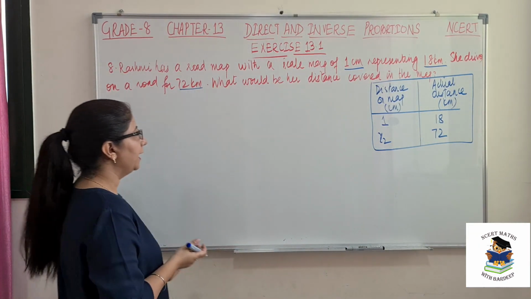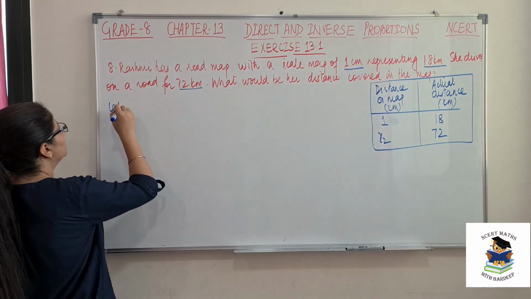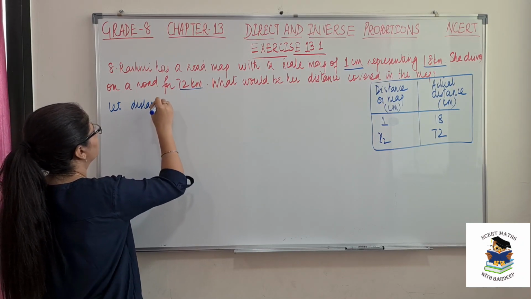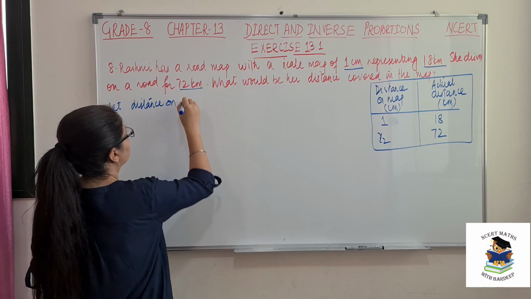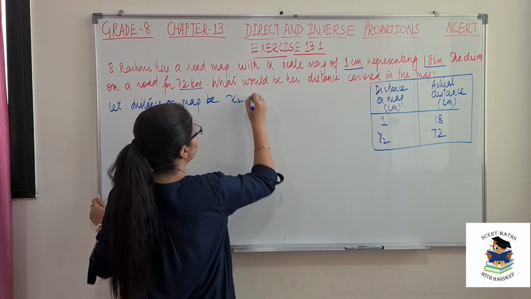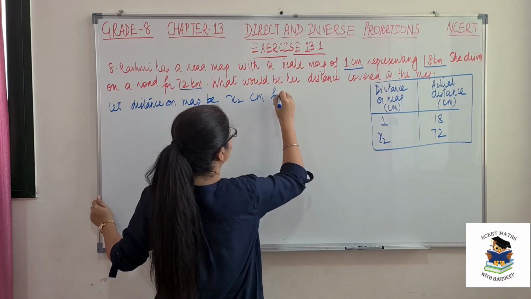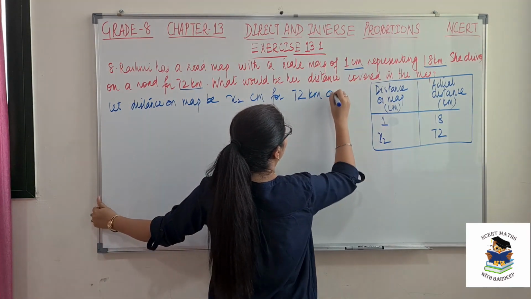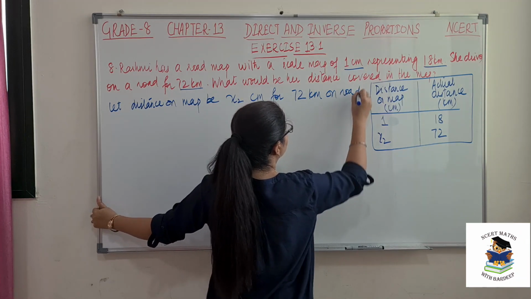So we will write here, let distance on map be x2 centimeter for 72 kilometer on road.